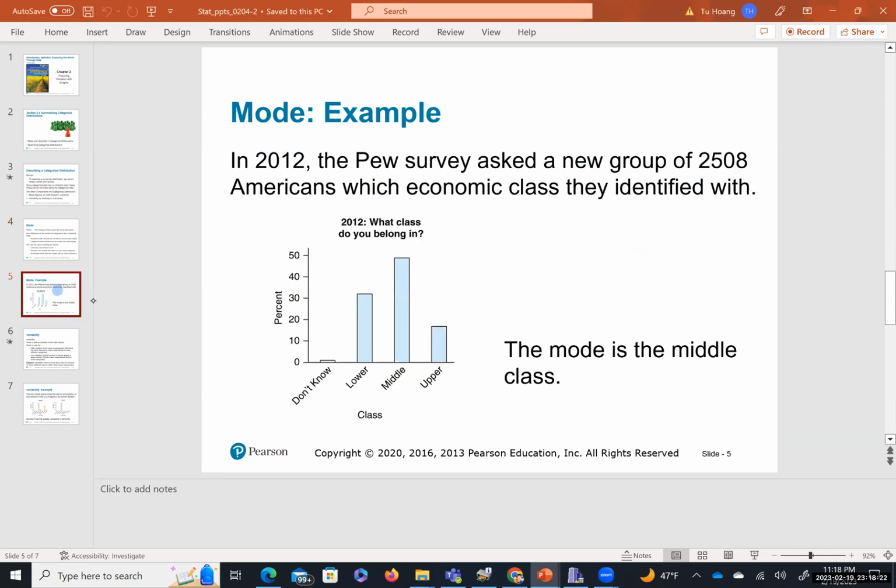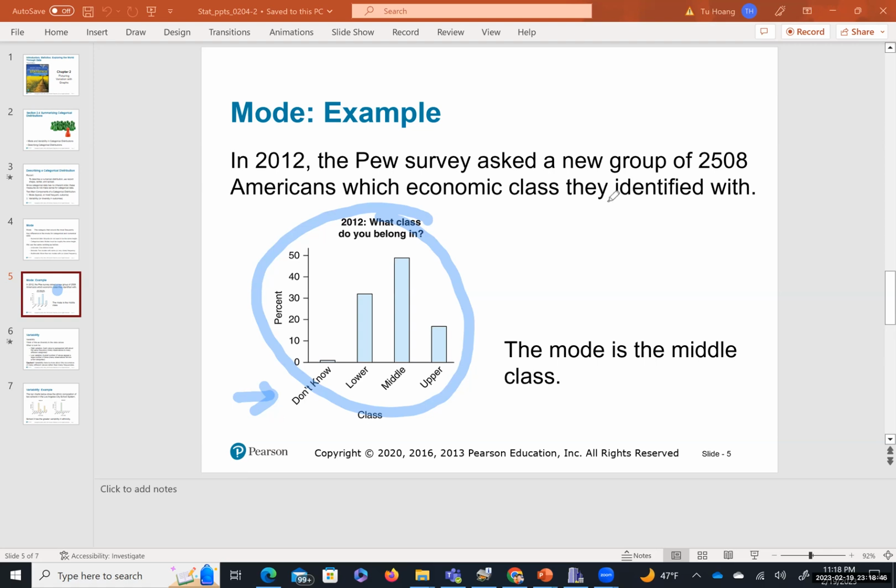Now let's take a look at an example of the mode in here. So this is a bar chart, right? Not a histogram, because we have categorical data in here: don't know, lower, middle, and upper, right?